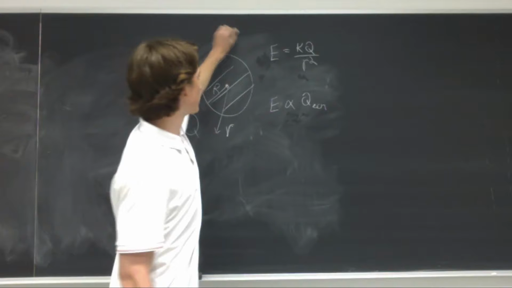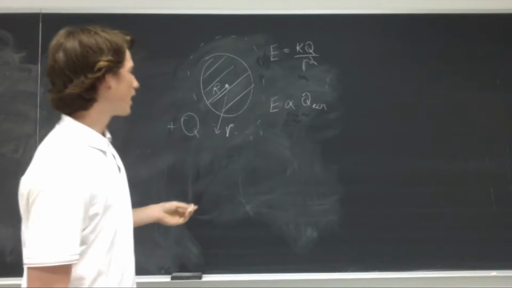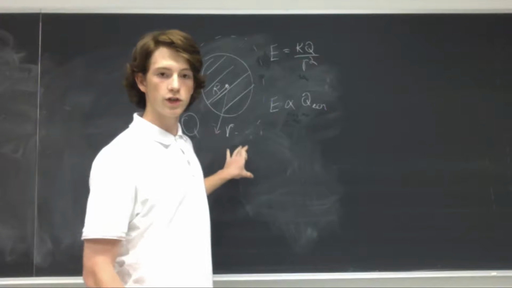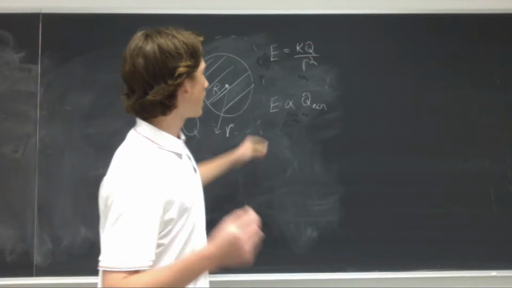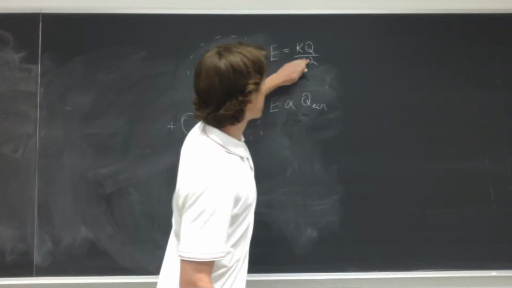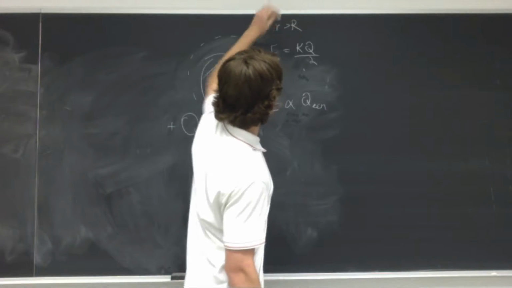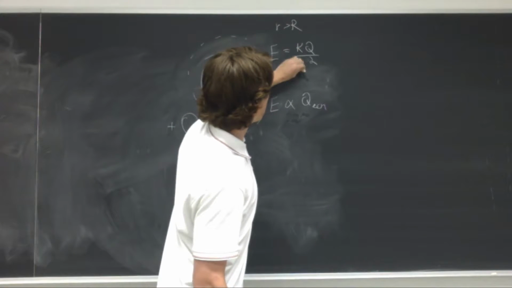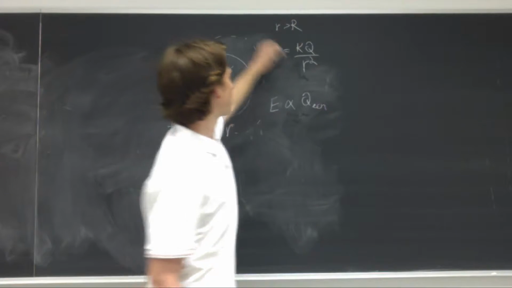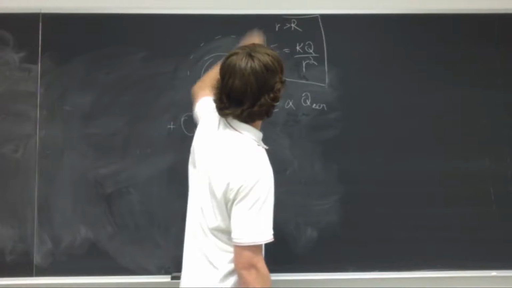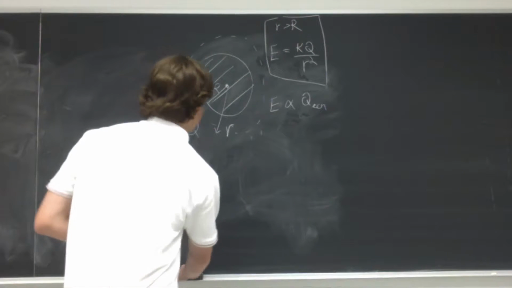So if we're outside of the sphere, we can imagine a Gaussian surface around it, and thus the electric field is only due to everything in the sphere. We can imagine it as a point charge, and we can say that when r is greater than capital R, the electric field is kQ over r squared. All right, so I'm going to box this together. When r is greater than capital R, this is the case.